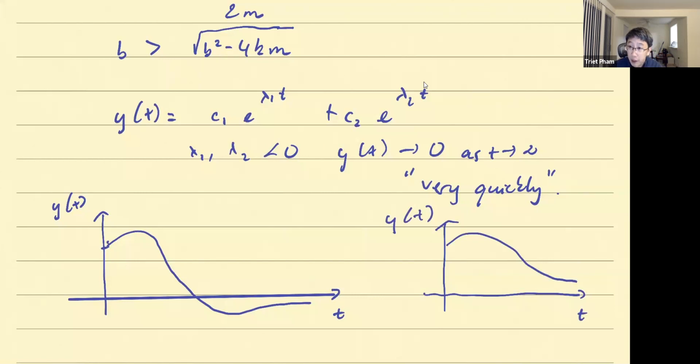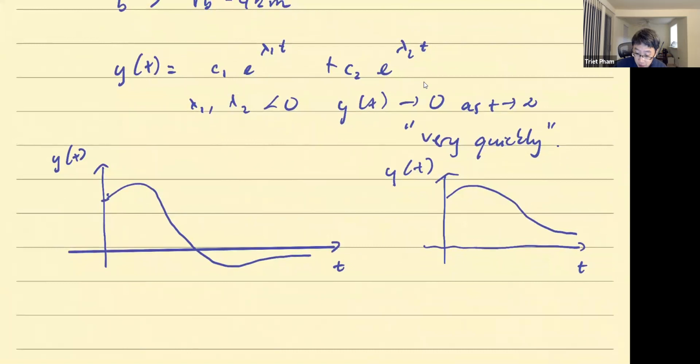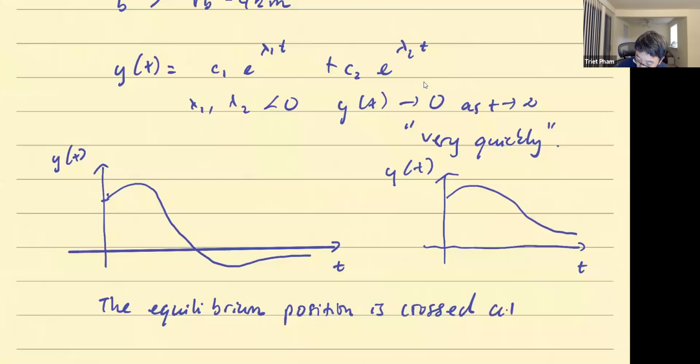But in overdamping, a very fun fact, and I think critical damping too, which we'll talk about, is that the equilibrium position is crossed at most once.